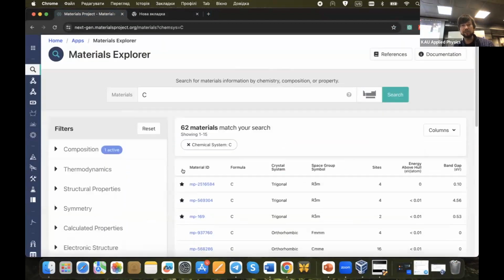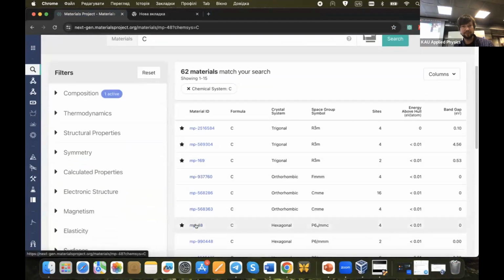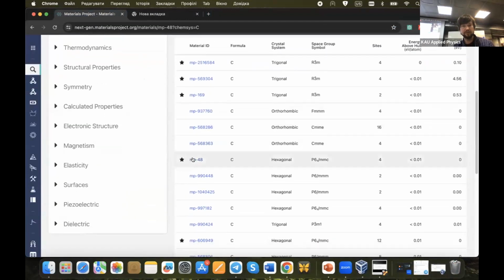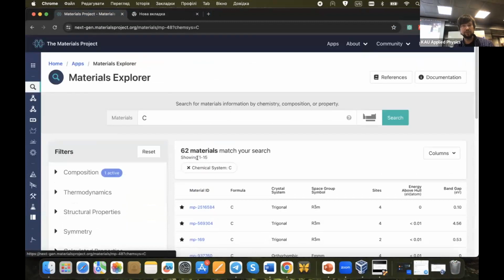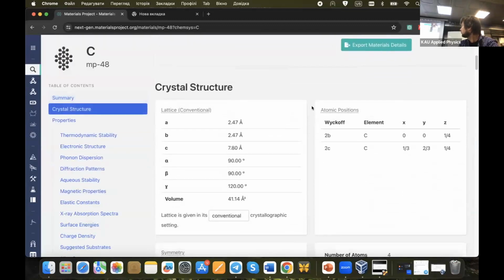What do these Wyckoff positions mean? Yeah, it works rather badly. I think it's a very heavy site, and a lot of people use it, maybe more than these guys thought.